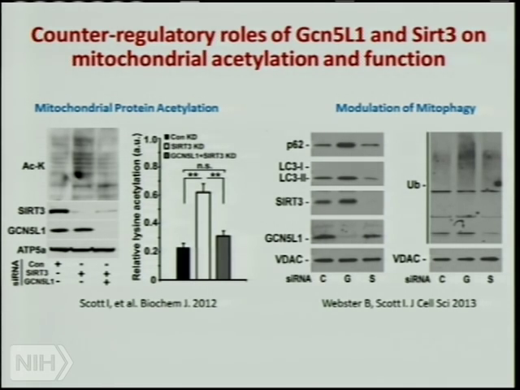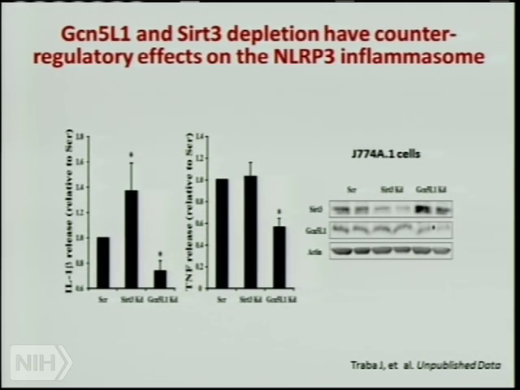But if you knock out SIRT3, you lose this effect. And in fact, with the knockdown of SIRT5, you also get increased ubiquitination of mitochondrial proteins, and effects seem to be reversed by the knockdown of SIRT3. So suggesting these proteins have counter-regulatory effects.